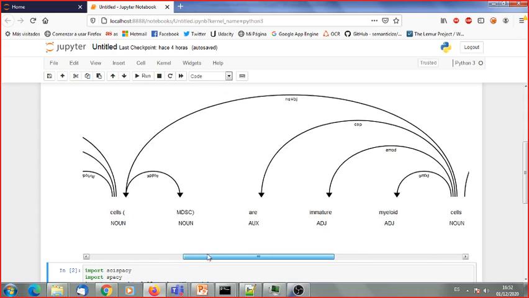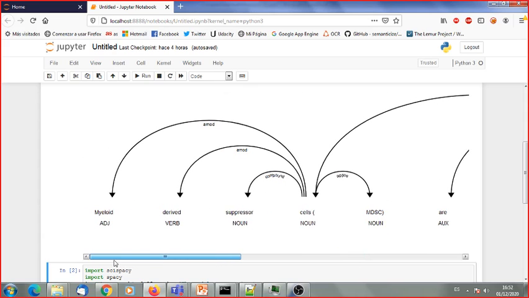So here you have the relations of the first sentence. Cells is related with suppressor because it's a compound, with derived as a modifier, and myeloid with another modifier, as in myeloid-derived suppressor cells.